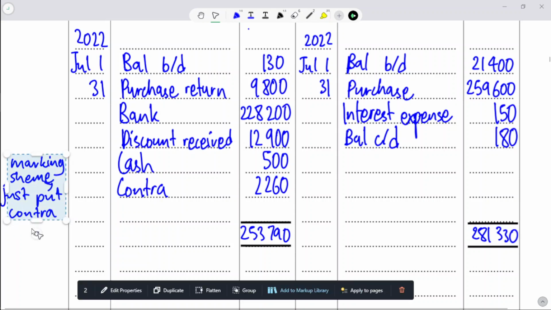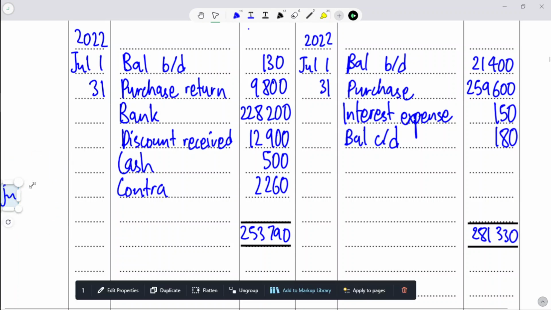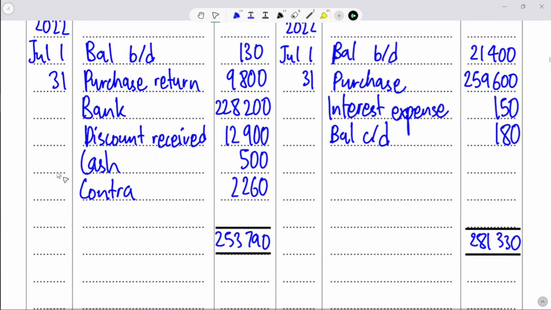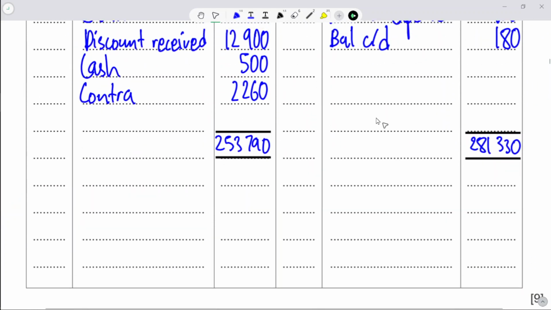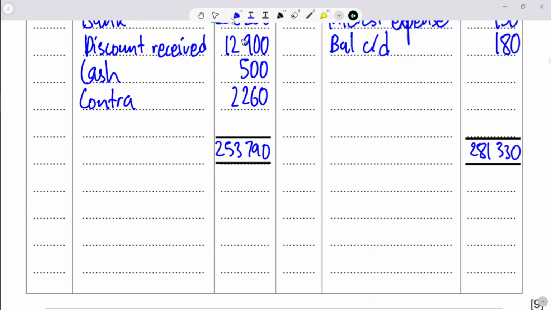This one I just remove. Okay. So as you can see here, here is the lesser side.